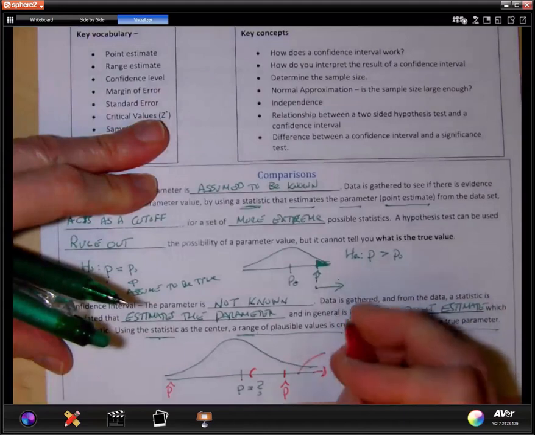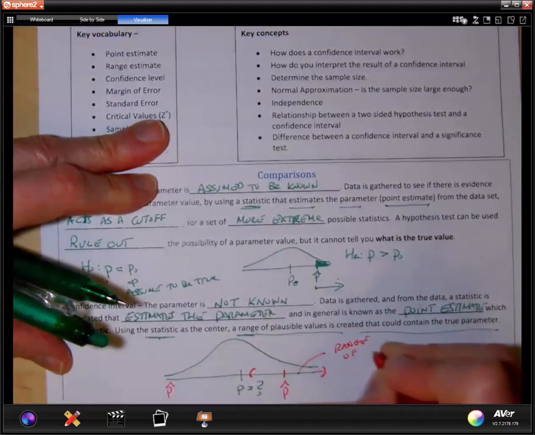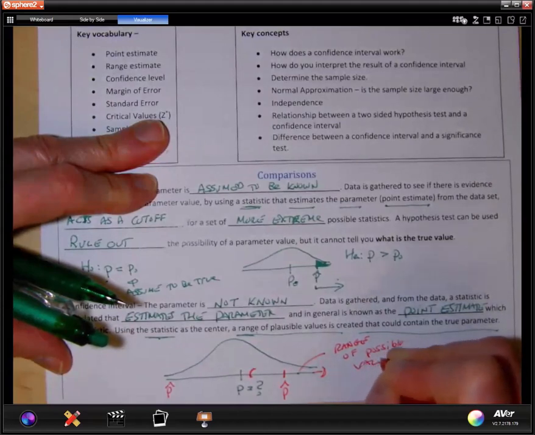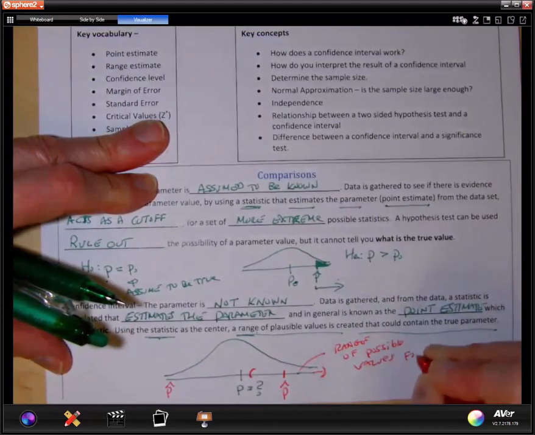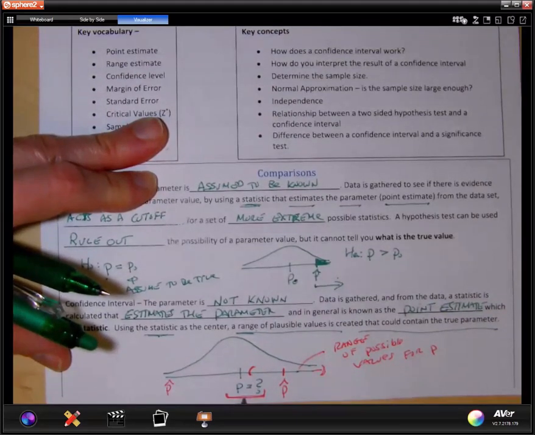This, again, is a range of possible values for P. So here's another thing that we want to make sure is clear. Can we figure out what this value is? And the answer is no. Instead, P hat will act as one possible estimate, the one that we got from the data set.